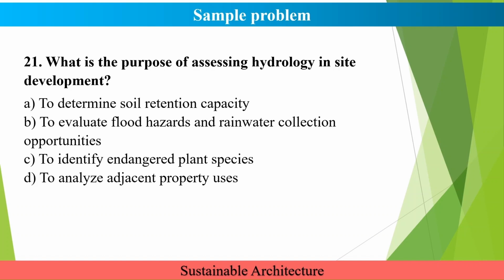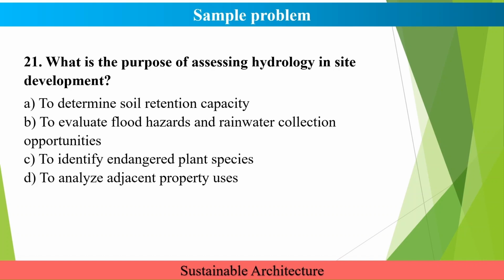Option B. It is a very straightforward question and needs not much explanation. Hydrology assessment is done in site development in order to evaluate flood hazards and rainwater collection opportunities. Then we can move to the next question.